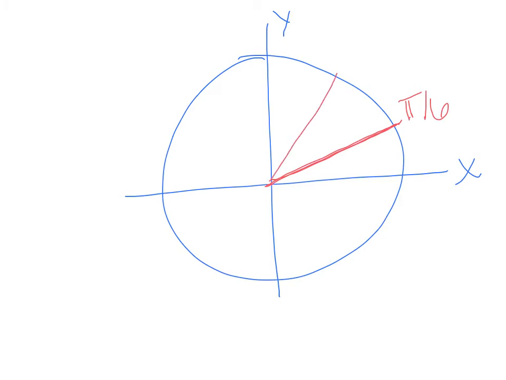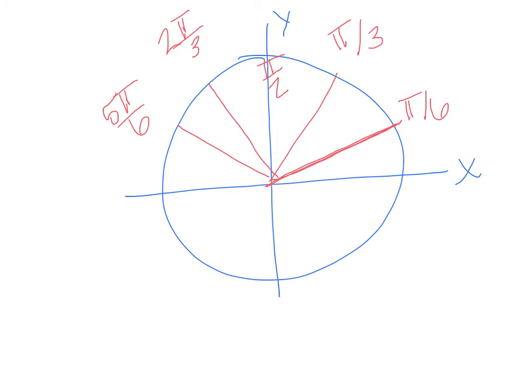Then I'm going to have 2 pi over 6, which reduces to pi over 3. So I've got 1 pi over 6, 2 pi over 6, 3 pi over 6, which we should already know is pi over 2. Then we've got 4 pi over 6, which reduces to 2 pi over 3. And 5 pi over 6 doesn't reduce. And then we're back over to 6 pi over 6, which reduces to pi.